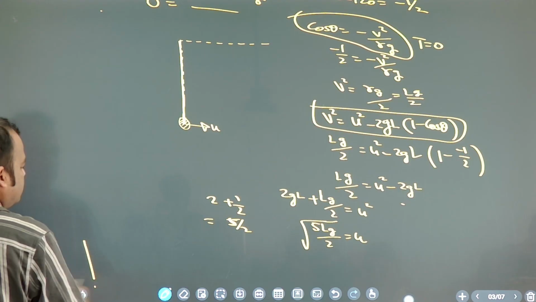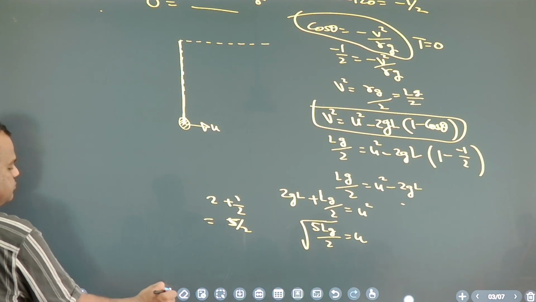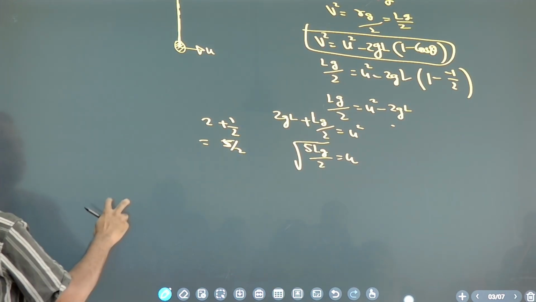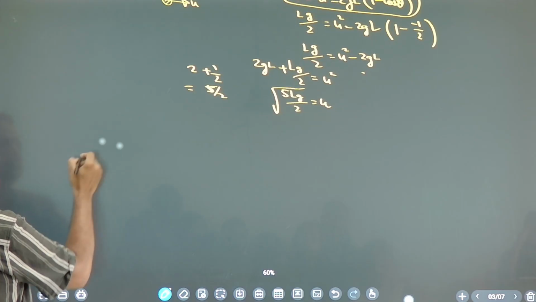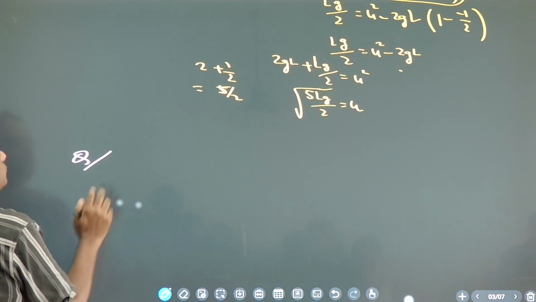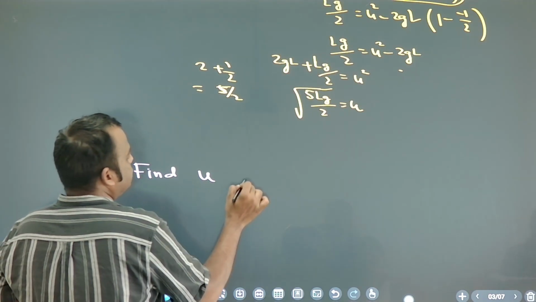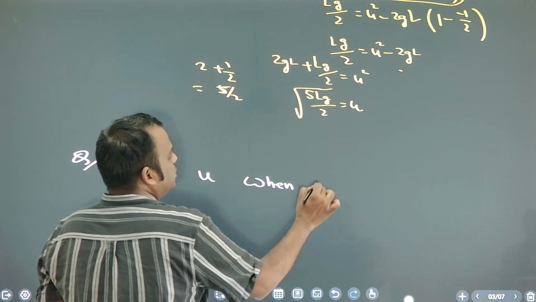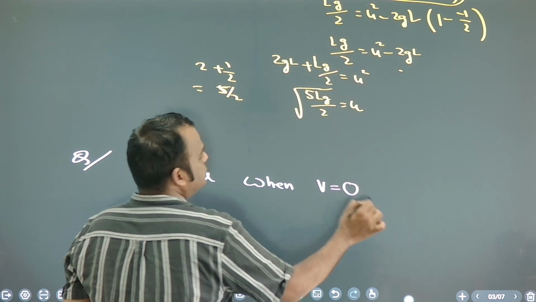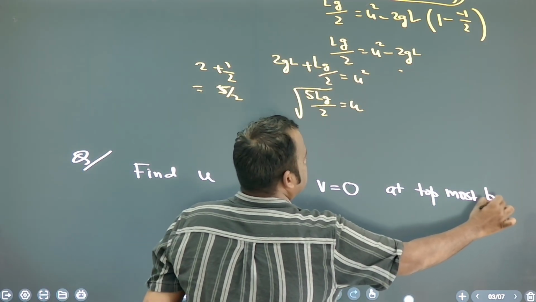Okay. Next. Okay, fine. This question is finished. Next question, you write. Find u when velocity becomes 0 at the topmost point, the highest point.